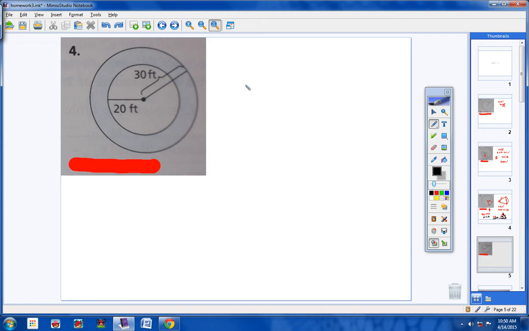So the area of the big circle would be, well, the radius of the big circle goes from here all the way out 30, so it'd be 3.14 times 30 squared. Let's see what that would be. 2,826. Okay, now let's find the area of the little circle.